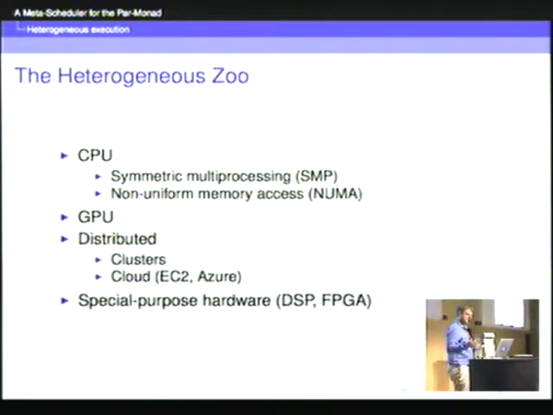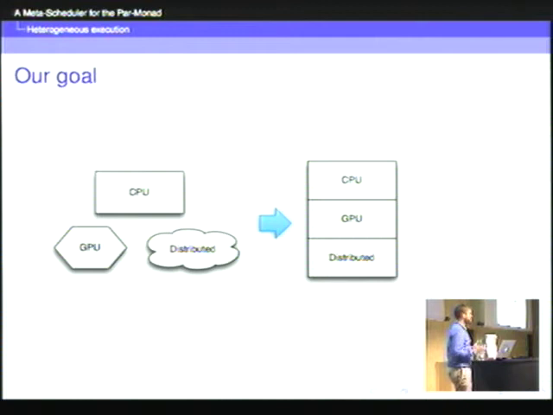And even things like FPGAs, programmable logic that we can reprogram on the fly. And we want to be able to use all of these if we're lucky enough to have them available to us. So we want to take a picture like this. We have a program for the CPU, the GPU, and for distributed architectures, and combine it into a single program.